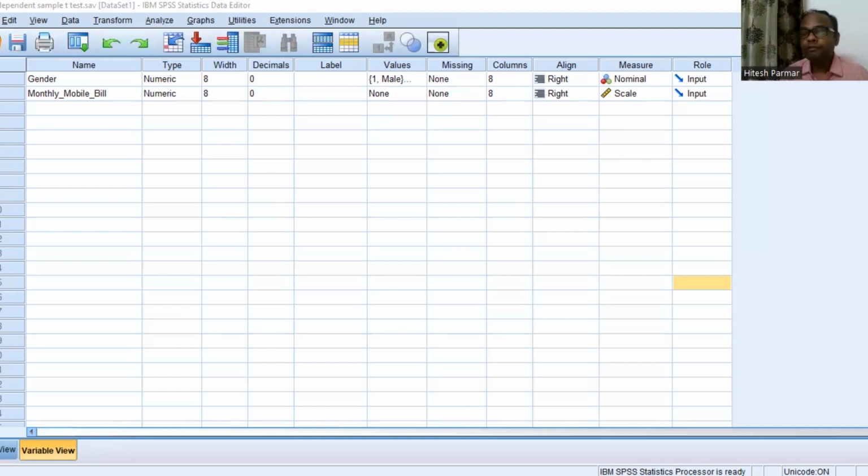The true mean difference will lie between minus 9.33 and plus 6.38. And what is the probability? The probability is 95%. So there is a 95% chance that the true mean difference will be between minus 9.33 and plus 6.38.